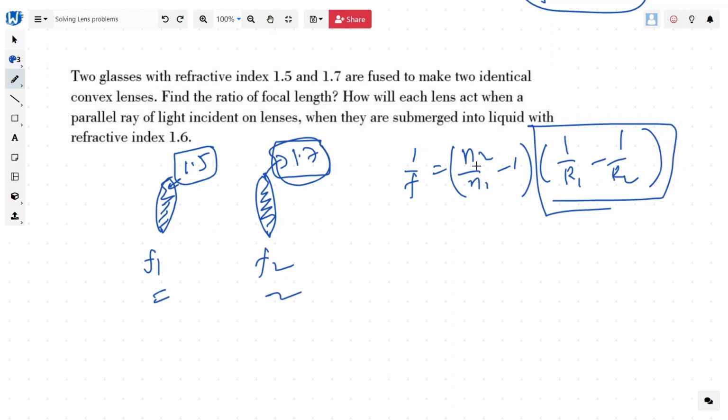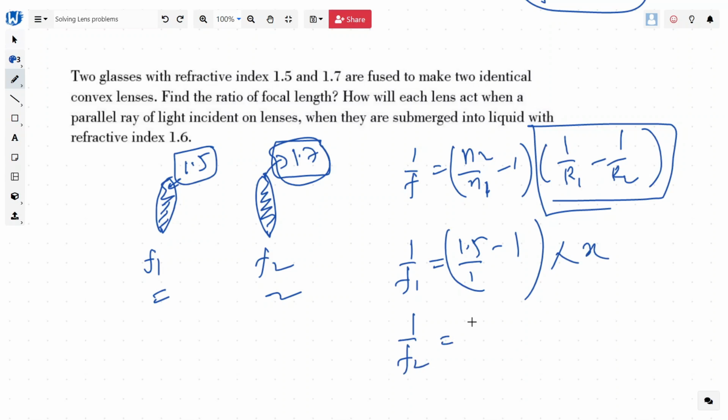So all we care about is n2 minus n1. n1 is also the same in the air, right? So let's do that. So 1 by F1 is going to be 1.5 minus 1, and this expression, let's call it x. And now 1 by F2 is going to be 1.7 minus 1, and this expression will remain the same, right, because it is the same glass, right? So this curvature will remain the same.